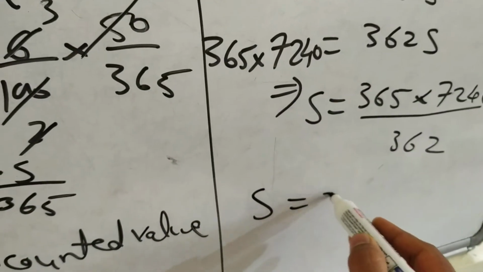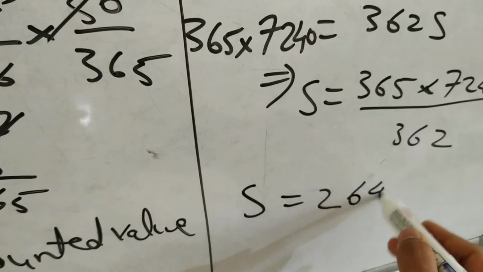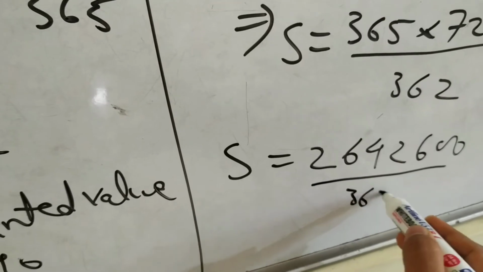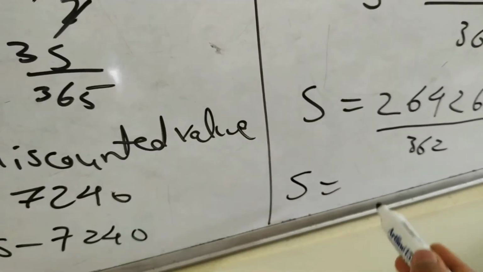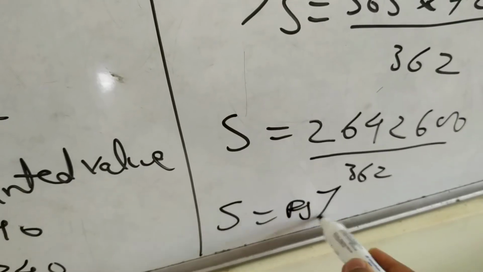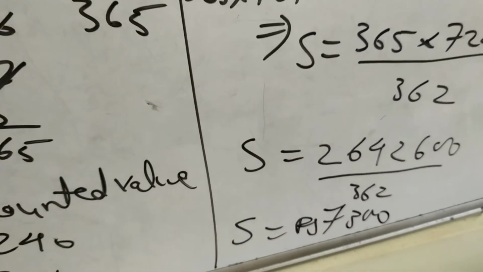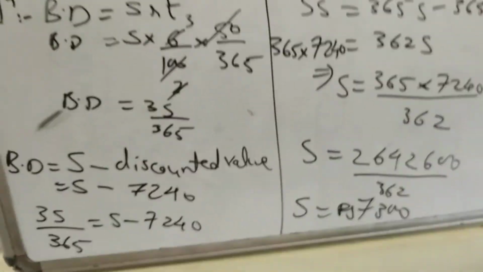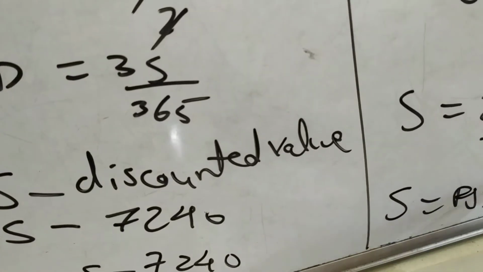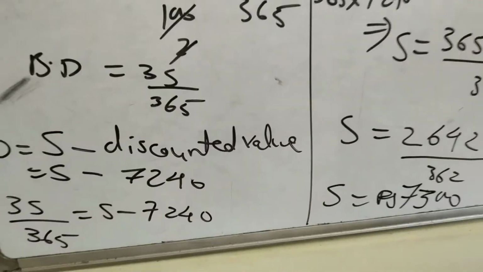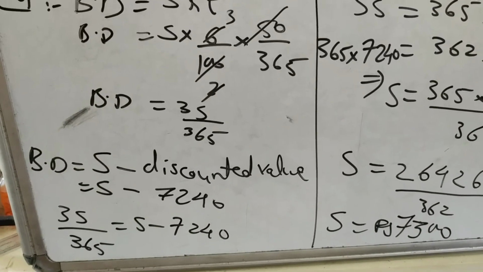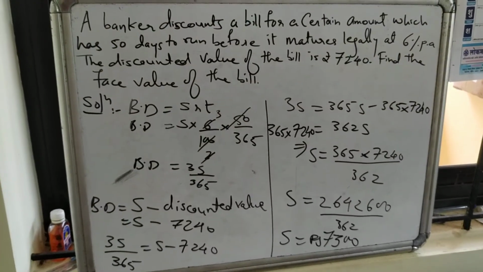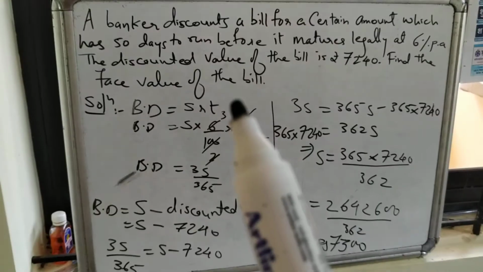It becomes 2642600 divided by 362, and you get S as rupees 7,300, and you get the face value is rupees 7,300.